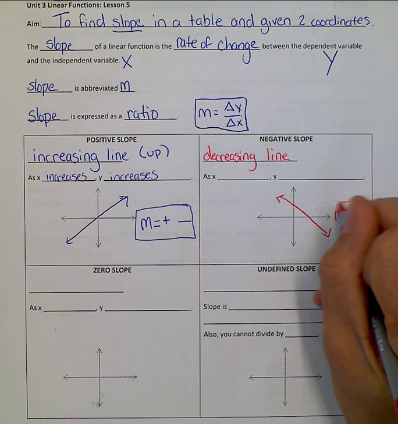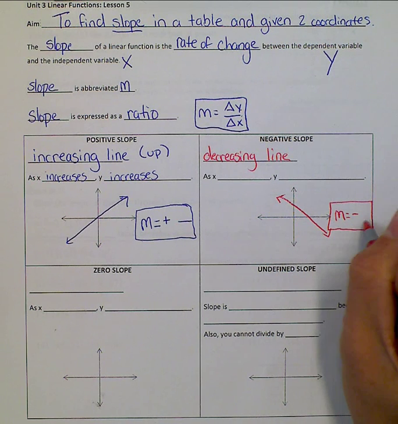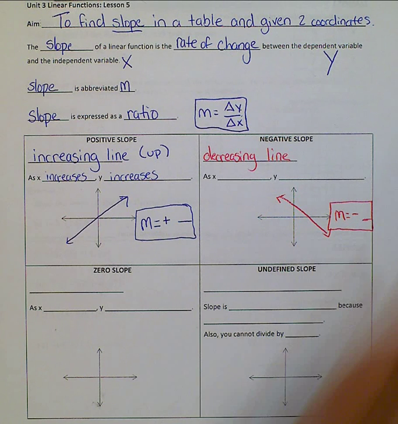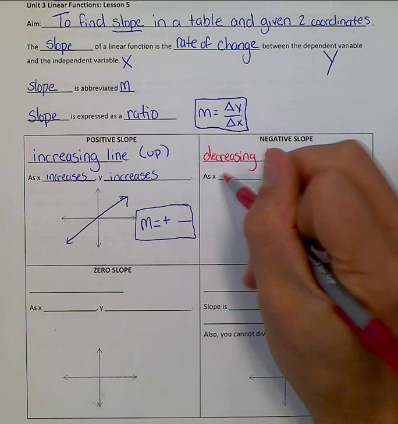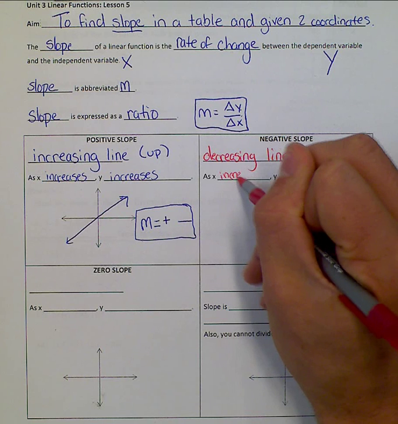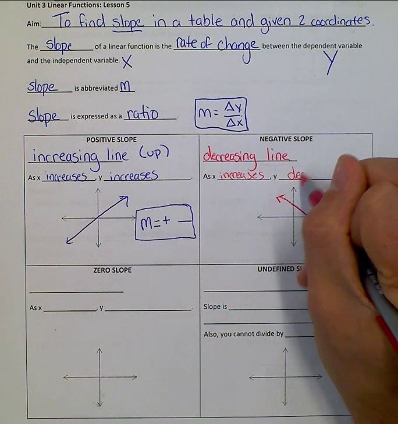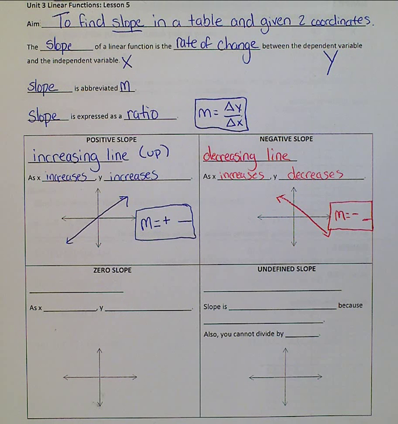We'll leave it blank because we don't have that grid. Okay, negative some number. And with decreasing lines, as one variable increases, as x increases, the other decreases. Think inverse, think opposite. One's going up, the other's going down, and that makes a decreasing line.